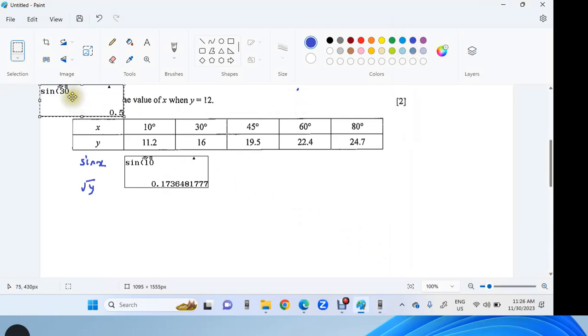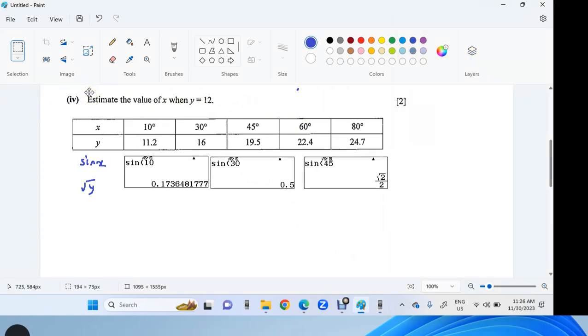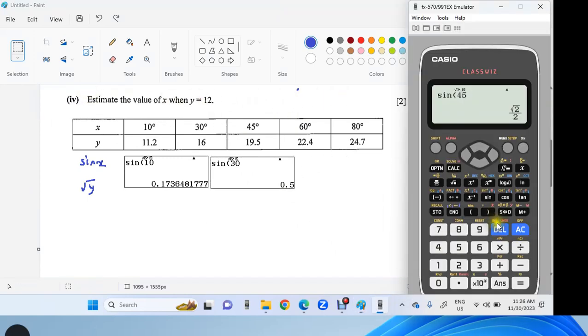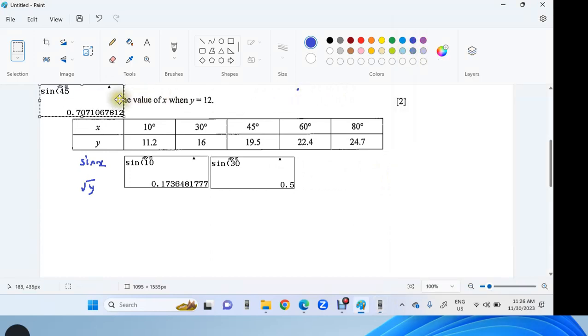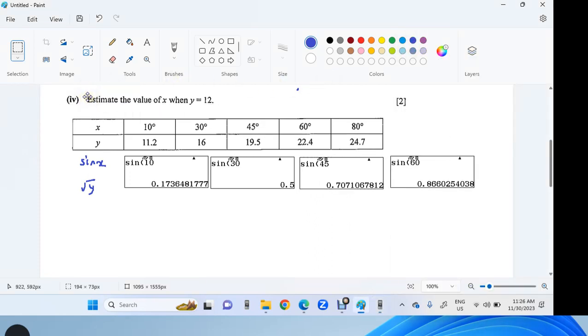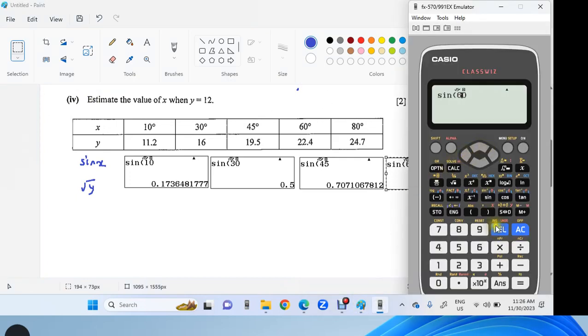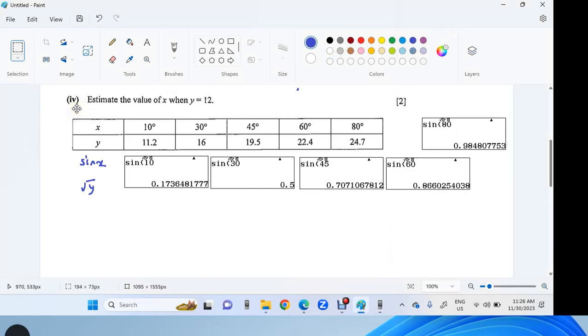Okay, and we have the sine 45, then we have this square root of 2 one decimal. And I have the sine 60, and we have the sine 80, and this is the value.